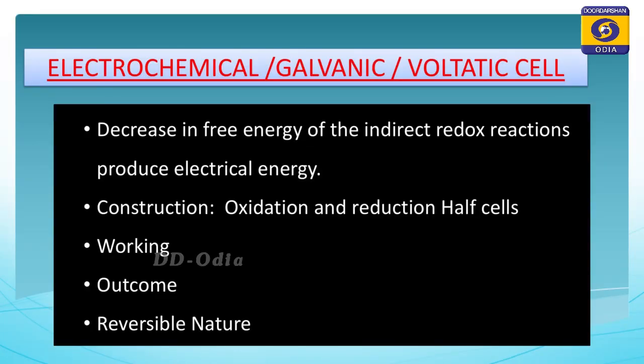Electrochemical cells are the devices which convert chemical energy into electrical energy, and the free energy decrease of the processes occurring at the electrodes is the driving force of the production of electricity.